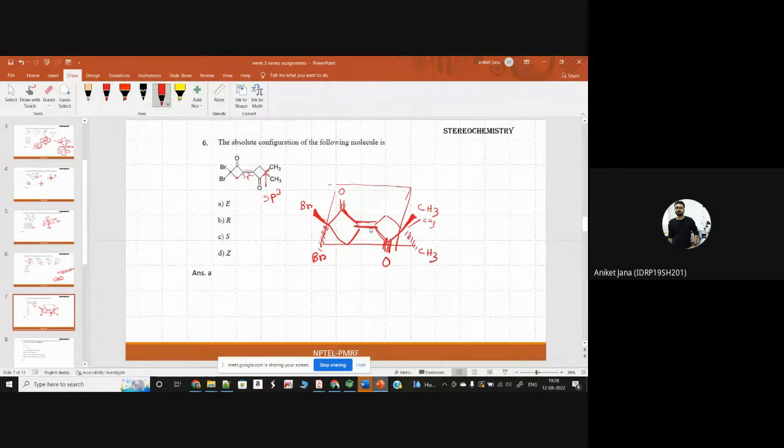I am just trying to show that this is a double bond, and here the compound is optically inactive, so we will go for the E and Z nomenclature.